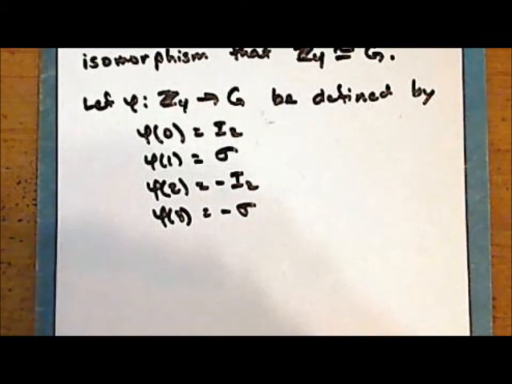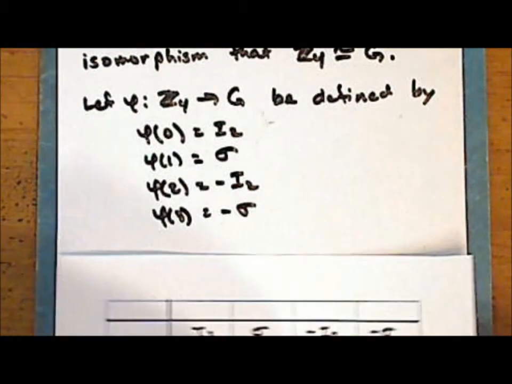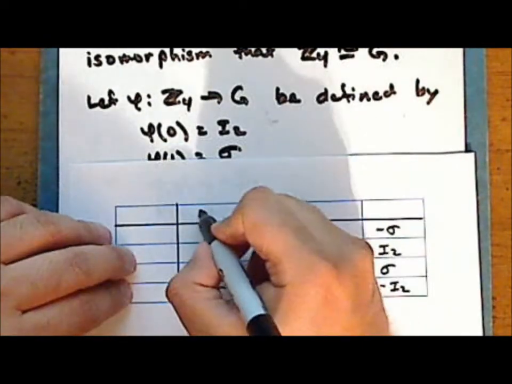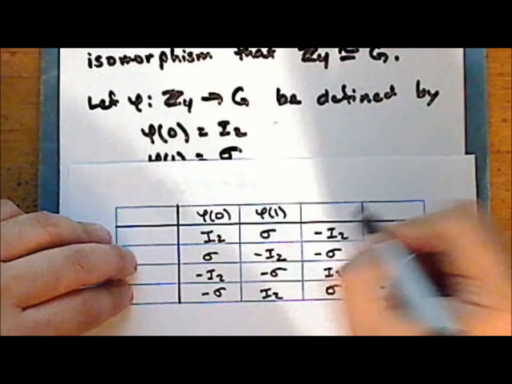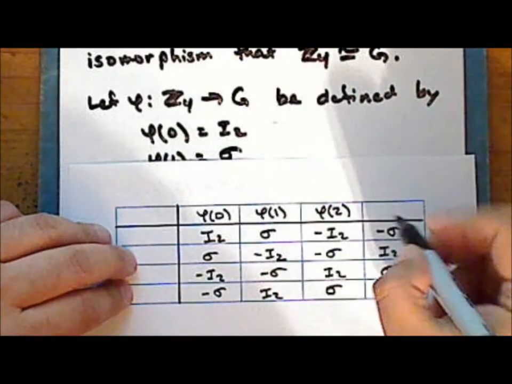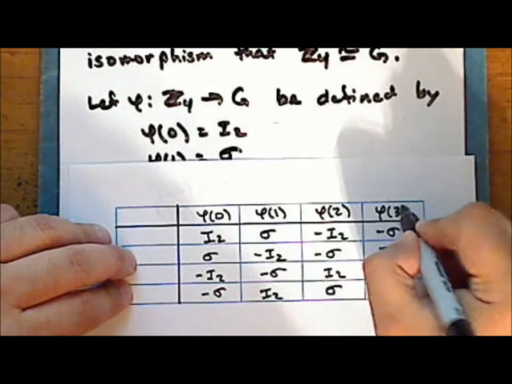So let's add this to our table. Phi of 0 is the identity, phi of 1 is sigma, phi of 2 is negative identity, and phi of 3 is negative sigma.